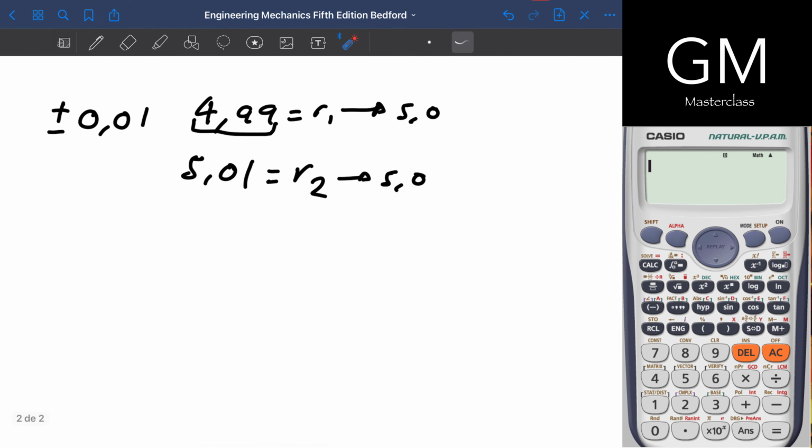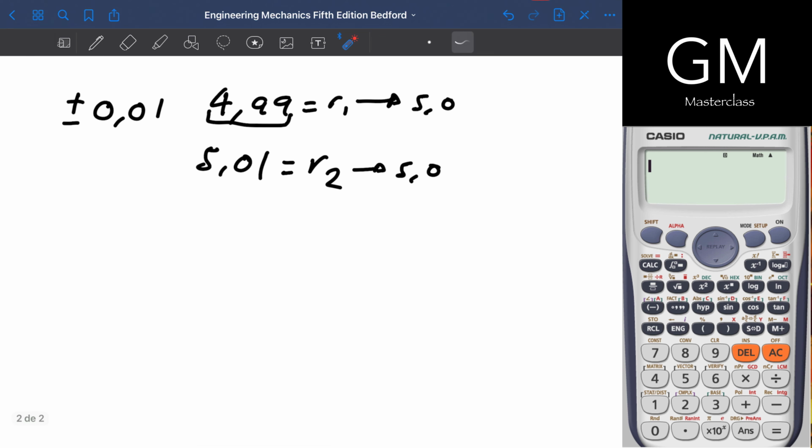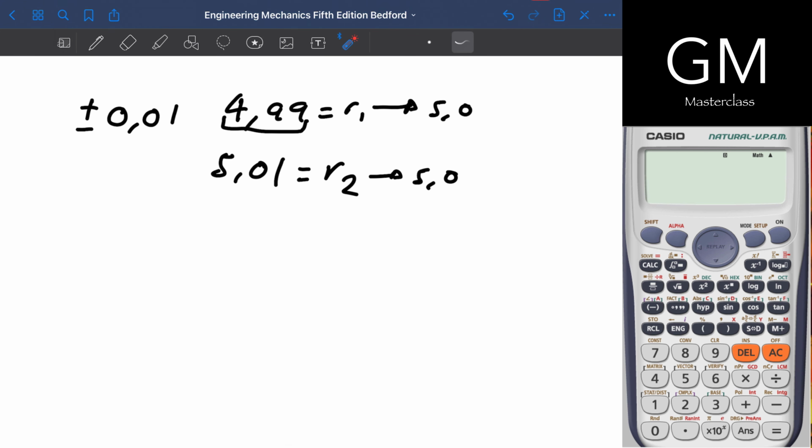Because as I've been explaining in the last videos, if I have a value here which is between 1 to 4, and the professor tells me that I have to round off to the 2 significant digits, then I have to maintain this number, so it is equal to 5.0.